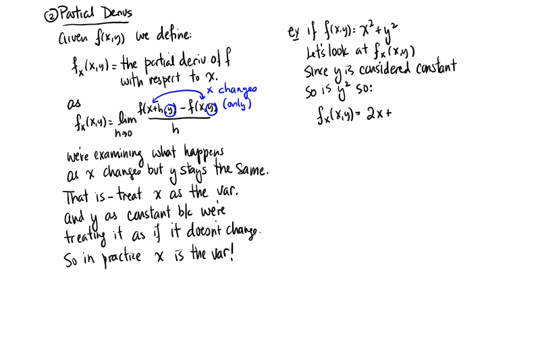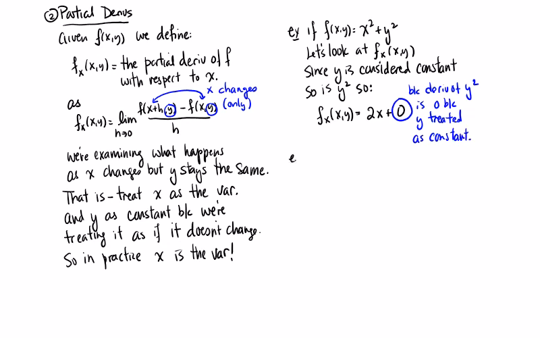But we take the derivative of y squared, and we get 0. Again, this is because y is treated as constant, and the derivative of a constant is 0.